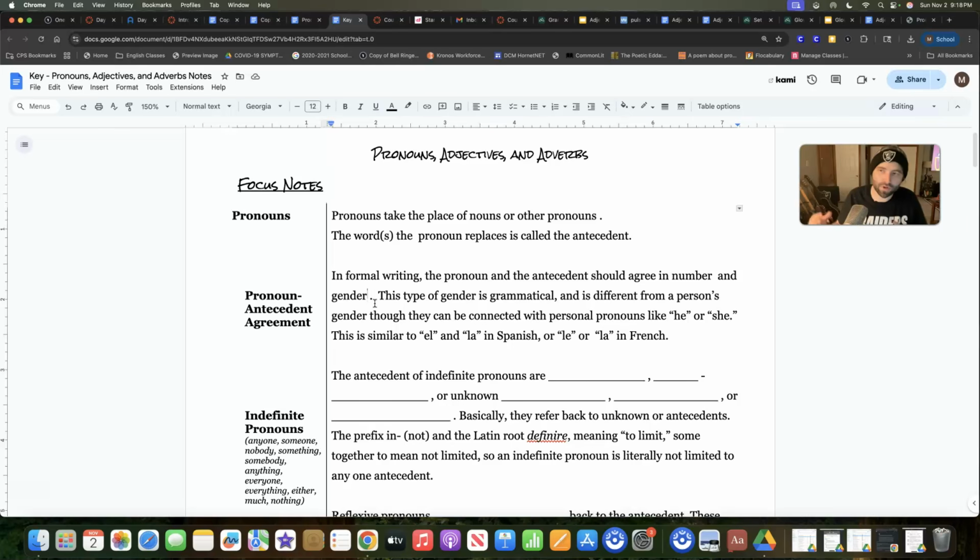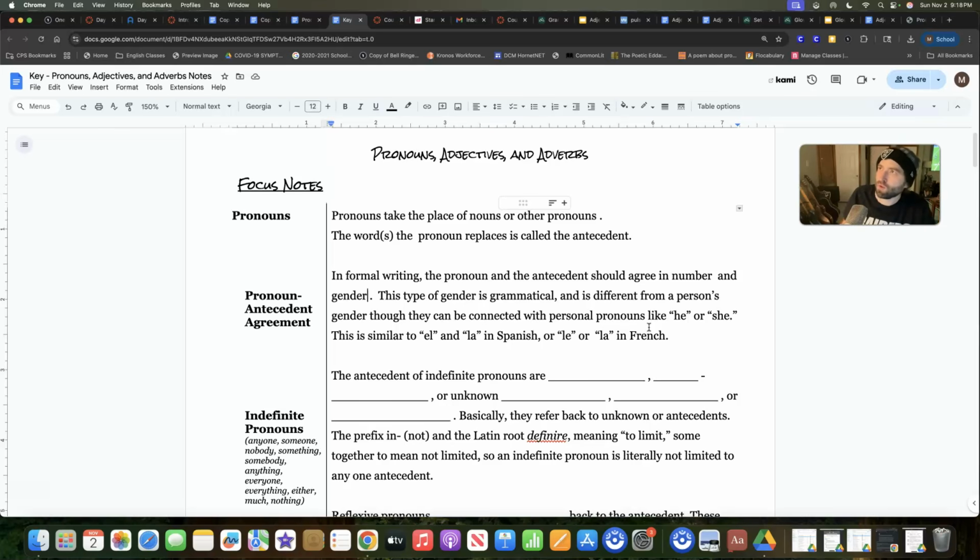Now, if we start another sentence and we want to replace Mr. Kramer and Mr. Black with a pronoun, we would say they, right? Because it's plural, that's the number, and it's more than one person, so the gender necessarily isn't as concerning there. The gender is really only concerning when you're talking about males or females.